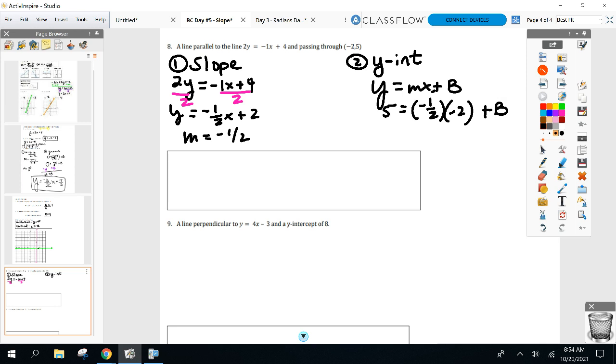Everyone else, good deal here? 5 equals, what do you get, positive 1 there? Plus b. What's your b value? 4. All right, so my equation of this line will be y equals negative 1/2 x plus 4.